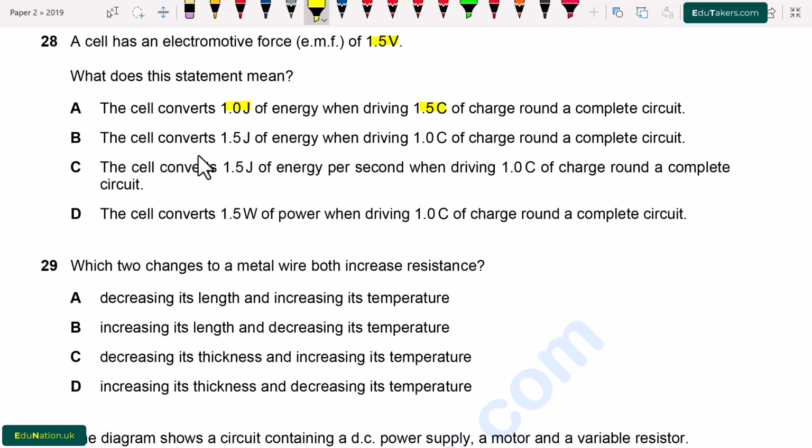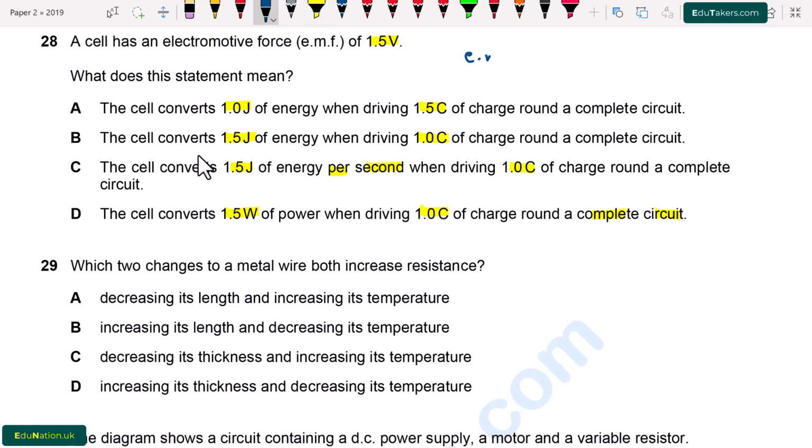B. The cell converts 1.5 joule of energy when driving 1.0 coulomb of the charge around a complete circuit. C. The cell converts 1.5 joule of energy per second when driving 1.0 coulomb of the charge round a complete circuit. D. The cell converts 1.5 watt of power when driving 1.0 coulomb of charge around a complete circuit.